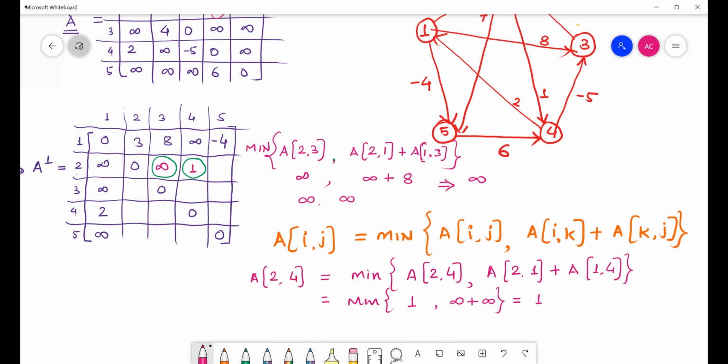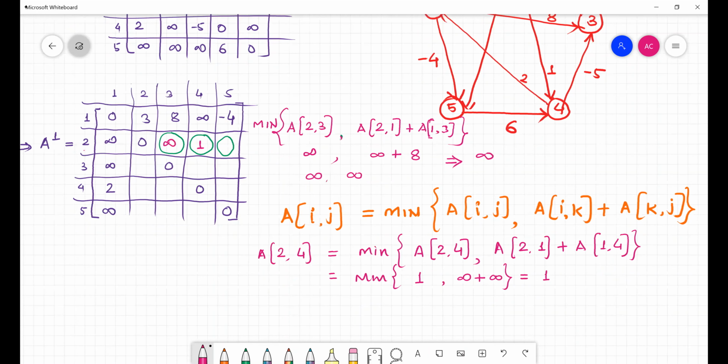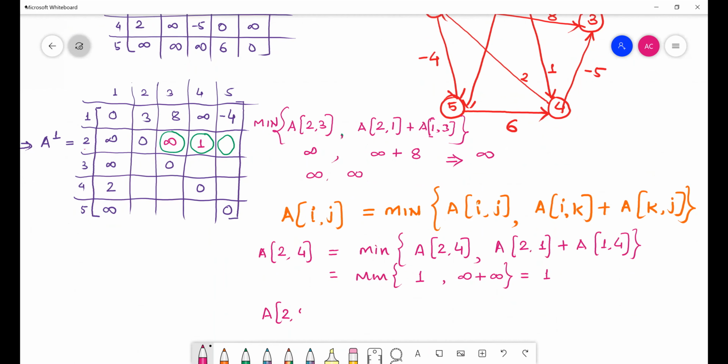Let's calculate one more. Next value is 2 to 5. So let's calculate A of 2 to 5. Minimum of A of 2 to 5 or A of 2 to 1 plus 1 to 5.